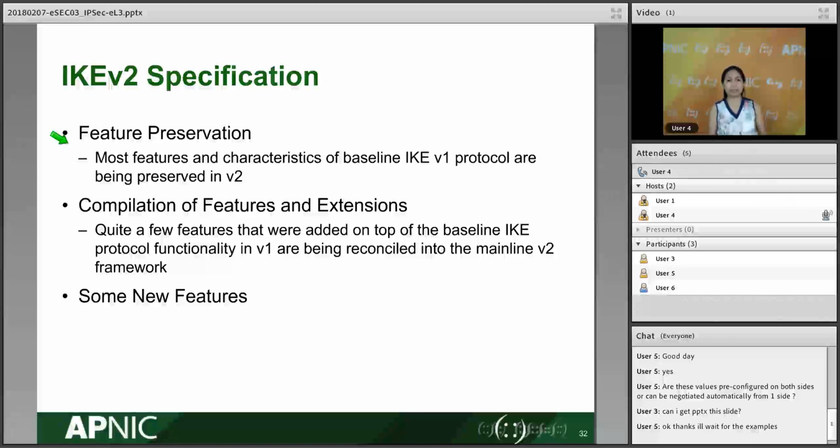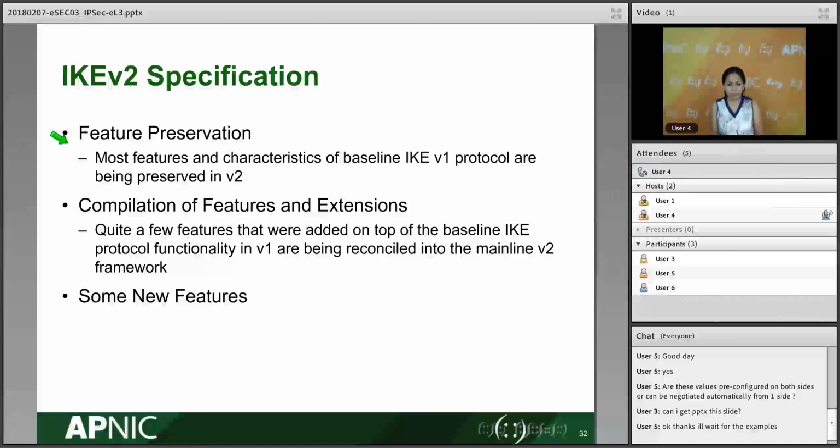The configuration is the same, the naming convention is the same. But if you look at two vendors, sometimes even the naming convention of how they call security associations or the modes may be different. So it's hard to connect them, and you get a lot of issues or errors. That's how IKE version 2 came to be.